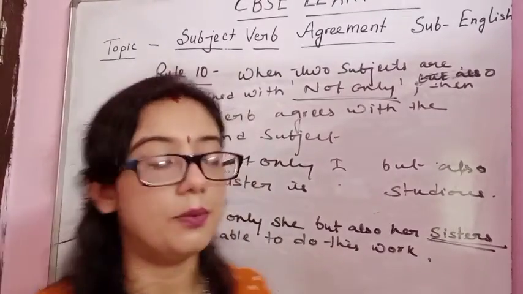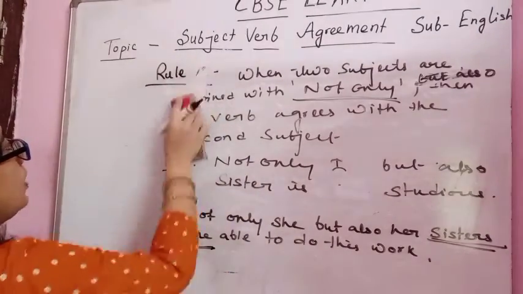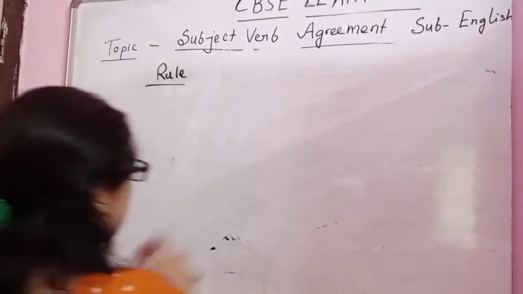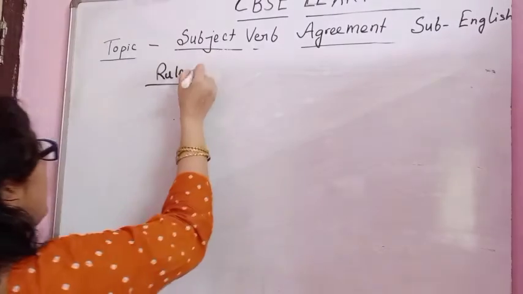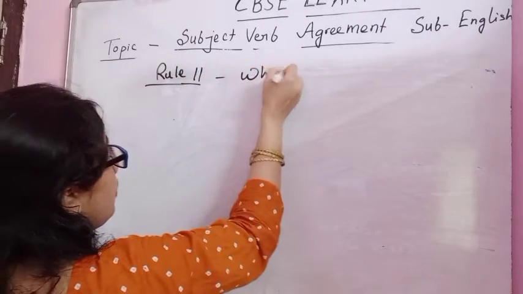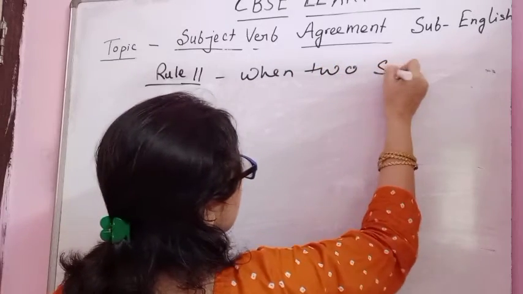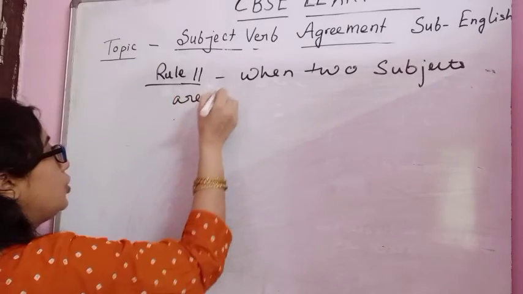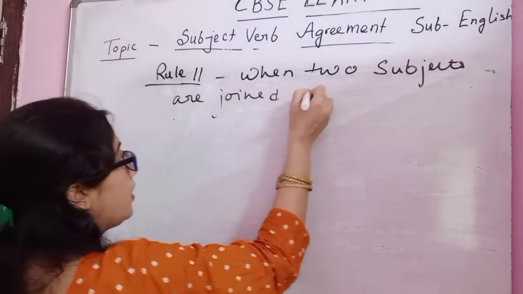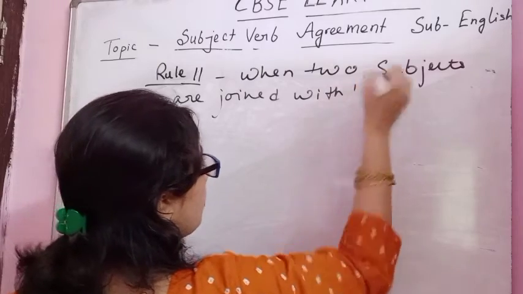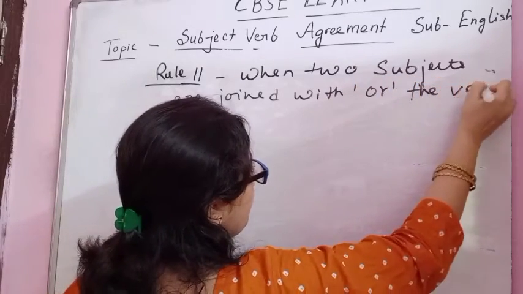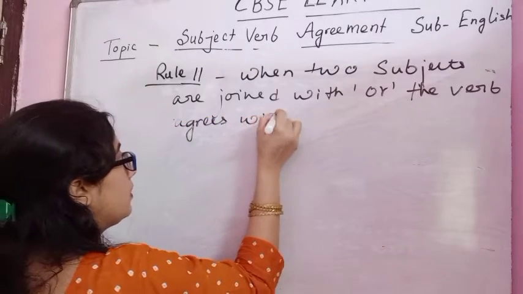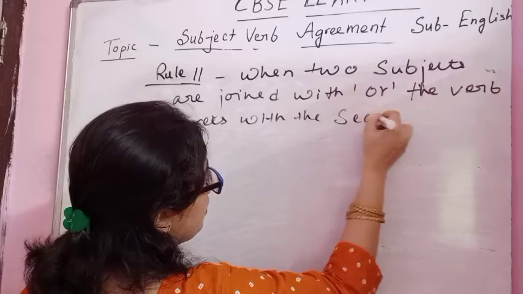Next comes rule number 11. What is rule number 11? Rule 11. When two subjects are joined with "or," the verb agrees with the second subject.